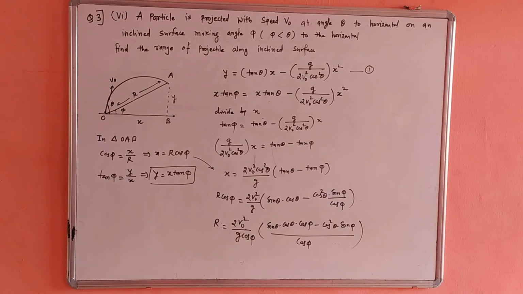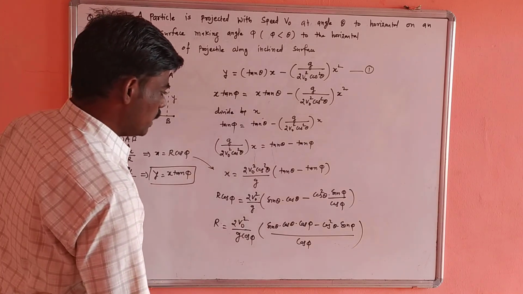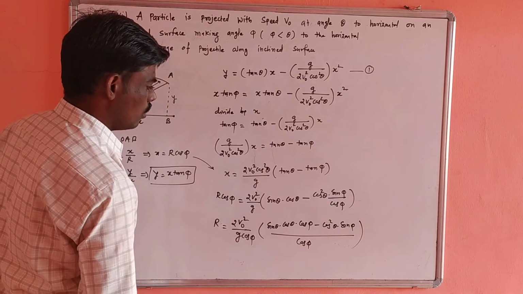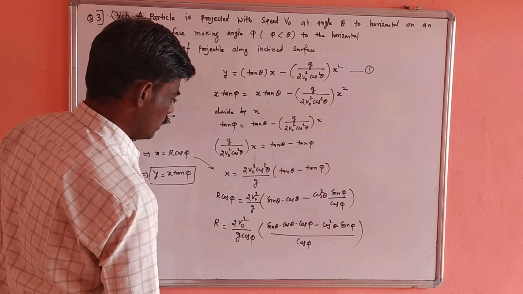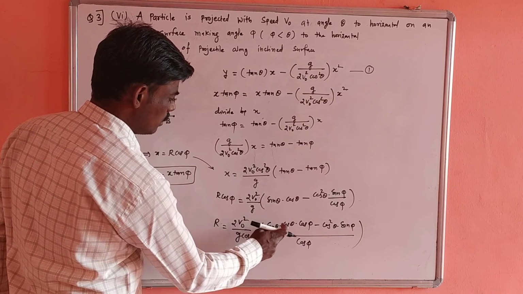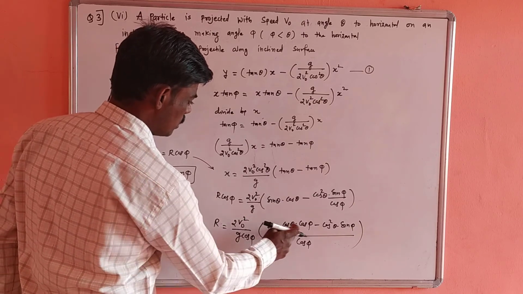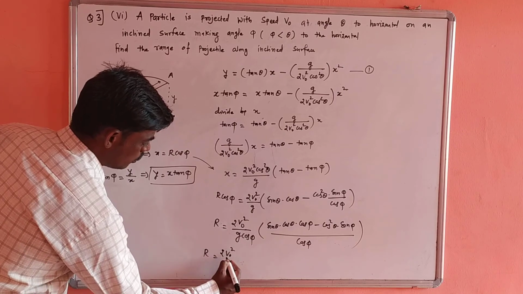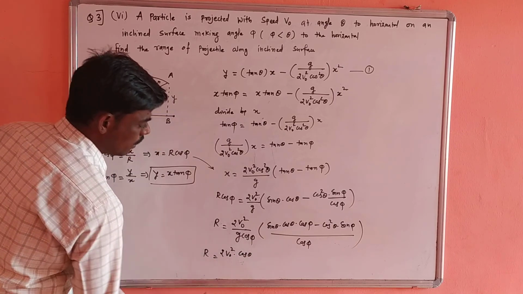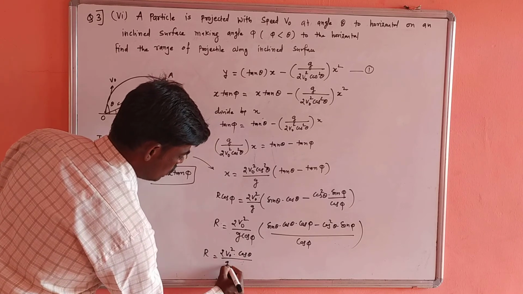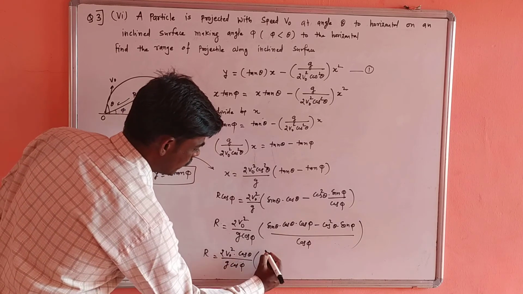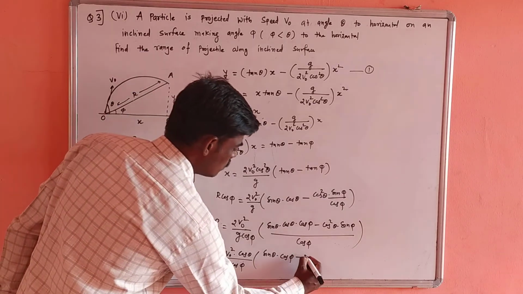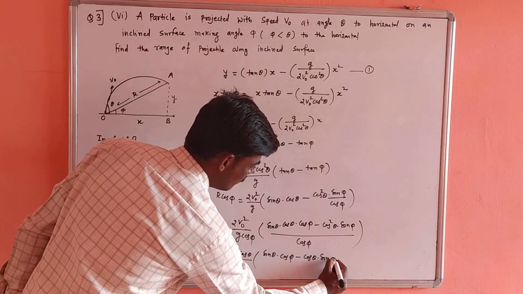We can take cos theta common here. So what we get is r equals 2v0 square cos theta upon g cos phi in bracket sin theta cos phi minus cos theta sin phi upon cos phi.